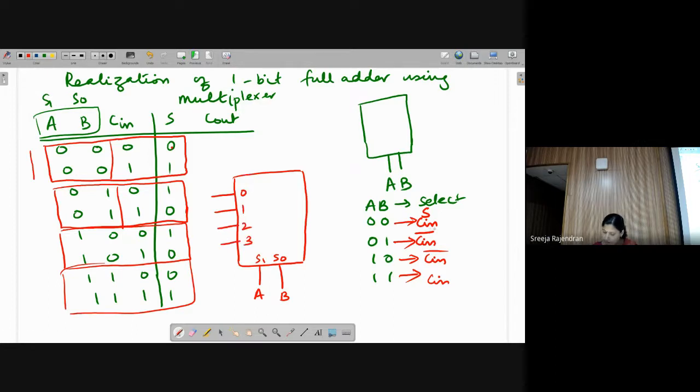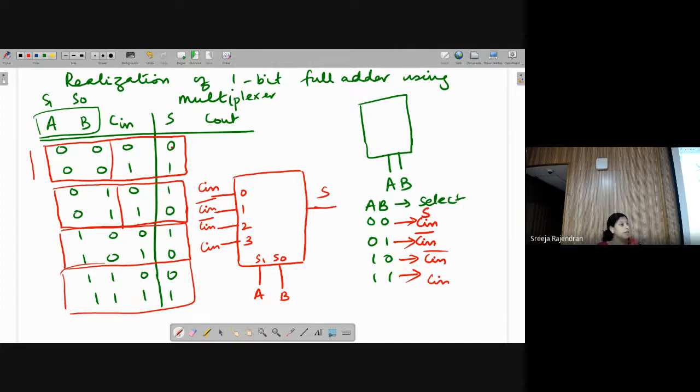What is the first input? 0 0 means C in. Next one is C in bar. Next one also C in bar. Last one is C in. And I get my output. I don't call it Y, I get my sum as my output.